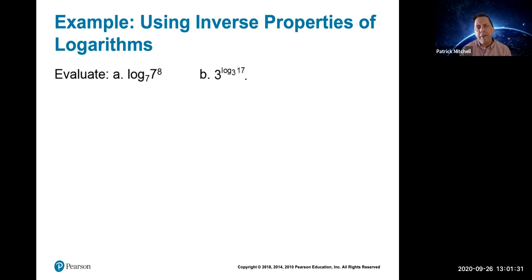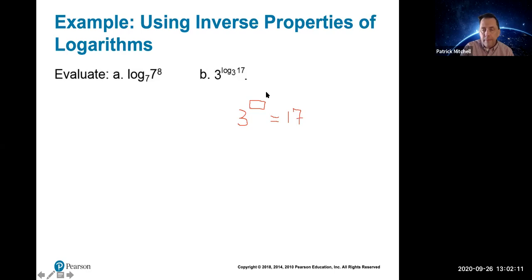The other one I find a little harder to explain. It's an inverse property again. 3 to the power log base 3 of 17. So one way to think of this is, what does log base 3 of 17 do? It is the mystery power to which you have to raise 3. Log base 3 of 17 is the mystery exponent that you have to raise 3 to get 17.